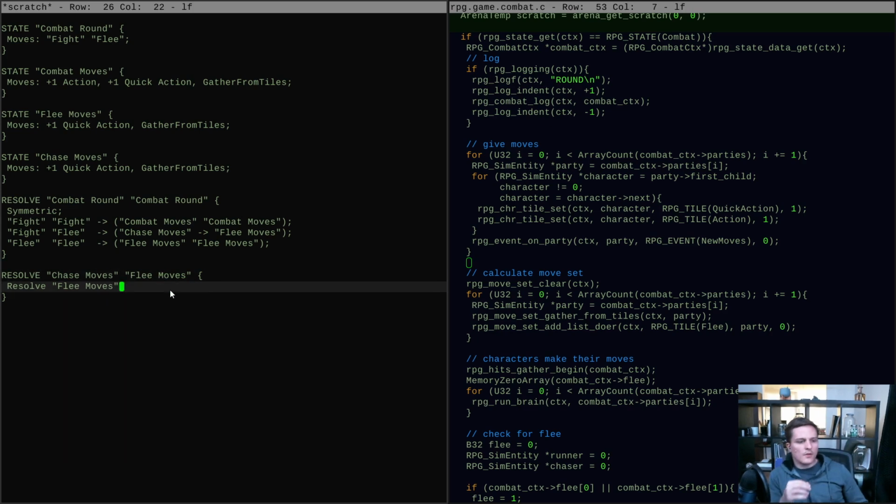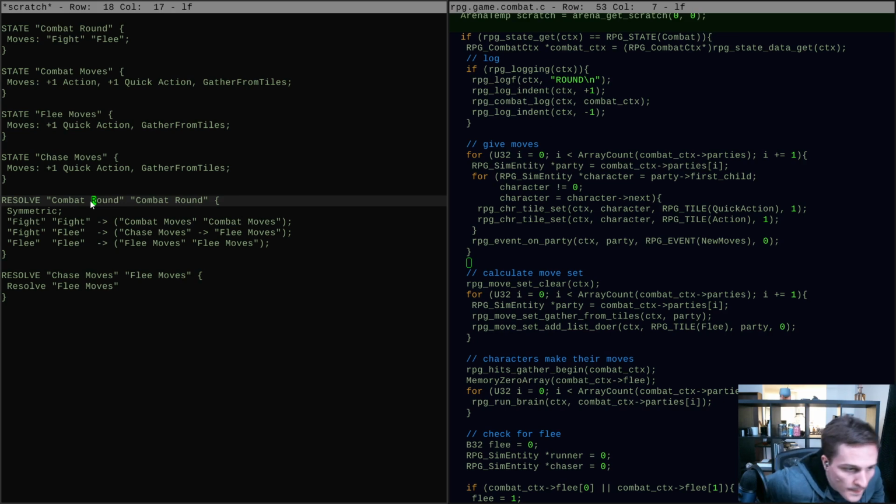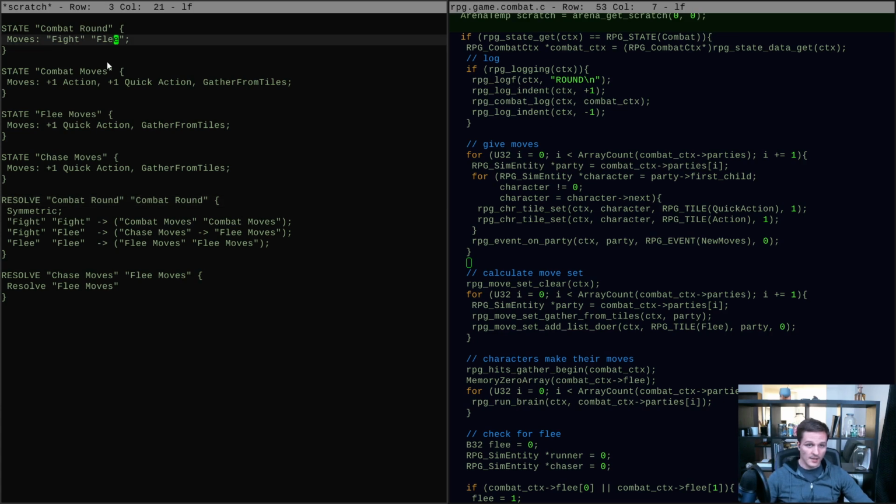And so the question is, how do we decide what's going to be visible at any step of the way? It isn't saying here, when I make combat round, that's cool, but do I know who I'm fighting or not? When does that get decided? I can't just assume that when I pick this initial state and get a fight or flee, I'll have the information about what moves to make, or what sort of moves I can gather from each player.